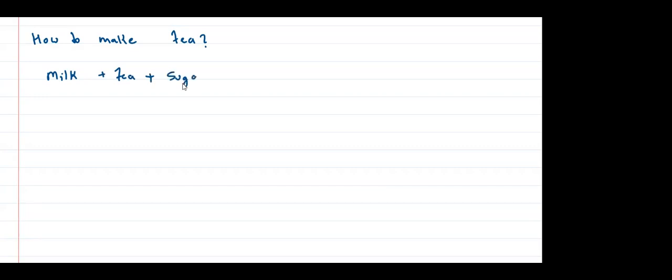Mainly these three ingredients. Then what we do is we boil. That is the condition, that is the process. And what do we get? Tell me what we get. We get tea.